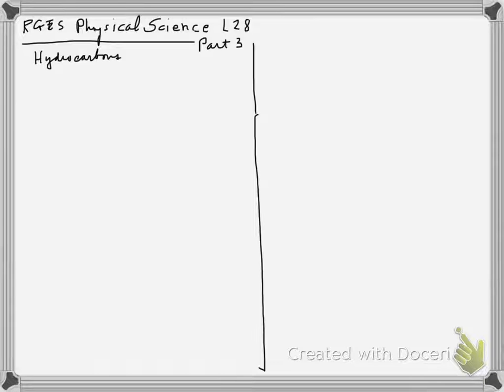Little review. Last week we learned about cracking petroleum through a process of fractional distillation. We put petroleum in a big tower, heat it up, and at different temperatures, different products are pulled off of the petroleum in this big fractional distillation facility.